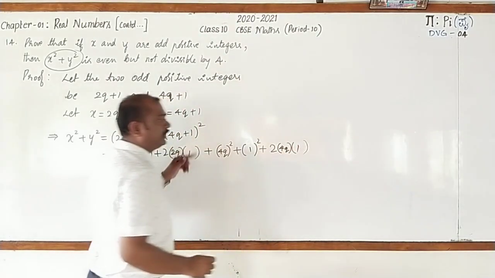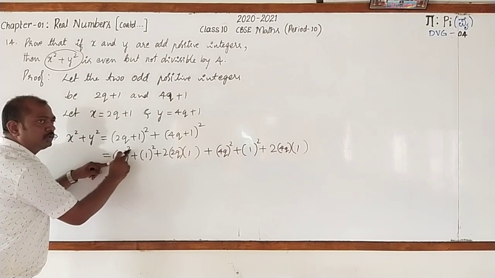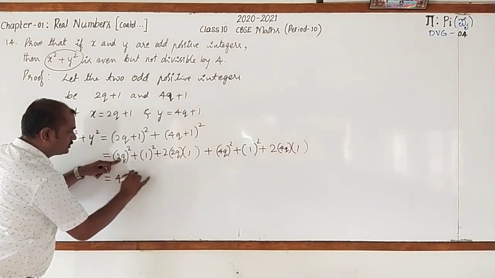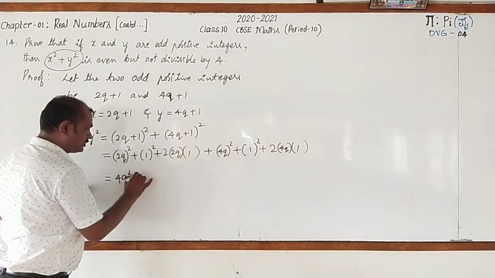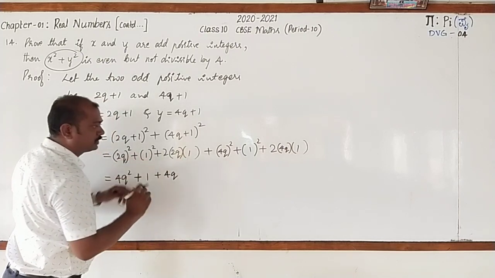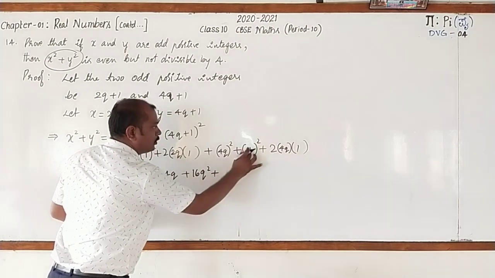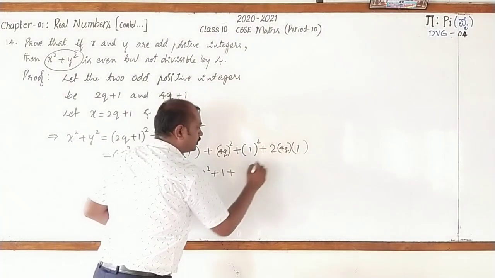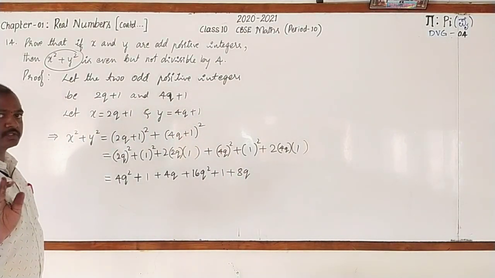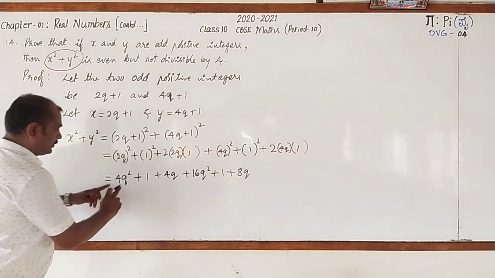Simplify that. 2 square is 4, so 4q square, plus 1, plus 4q. Then (4q) square is 16q square, plus 1 square is 1, plus 2 times 4 is 8 into q into 1, which is 8q. Understood?